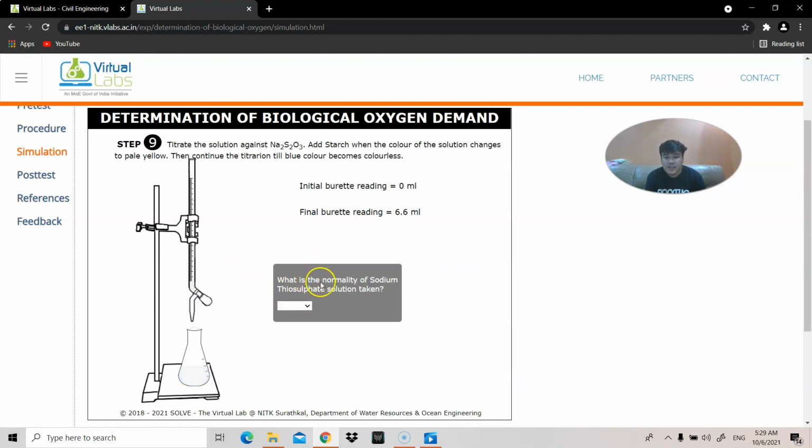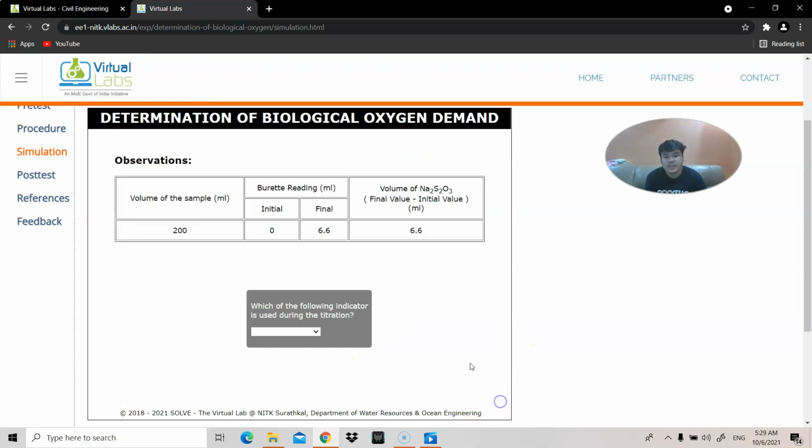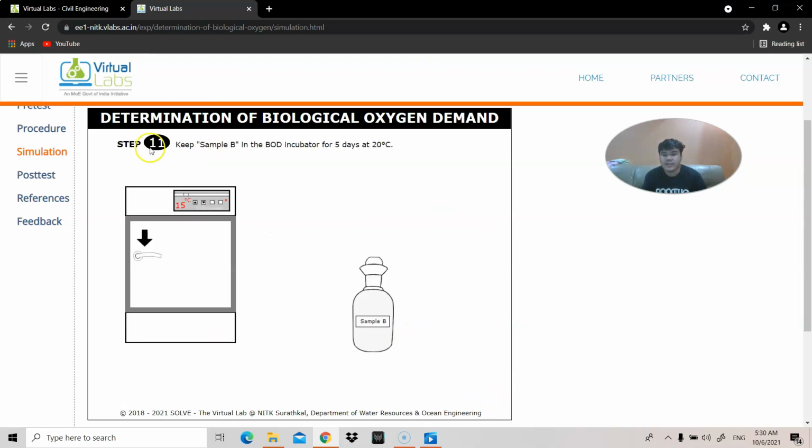What is the normality of the sodium thiosulfate solution taken? 0.025 N. Observations. Which of the following indicators is used during the titration? Starch. Correct.